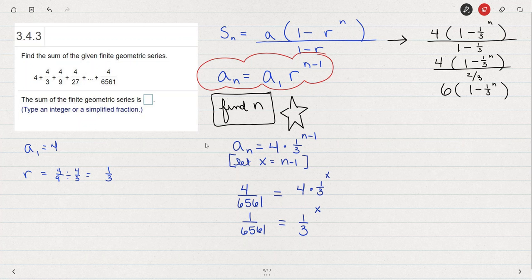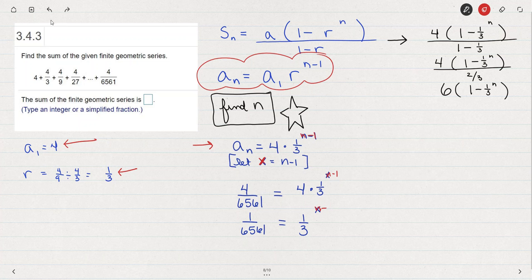Then I could see that a sub n is equal to 4, because our first term is 4, times 1/3, because our ratio is 1/3, to the n minus 1. Now, just to keep this a little bit simpler, I'm going to substitute in an x for this n minus 1. You don't have to do that. You could keep this n minus 1 here.